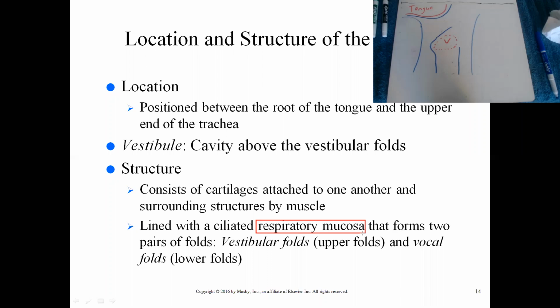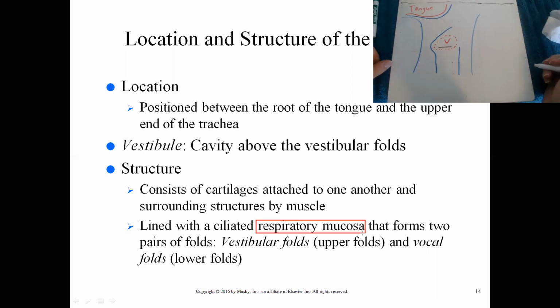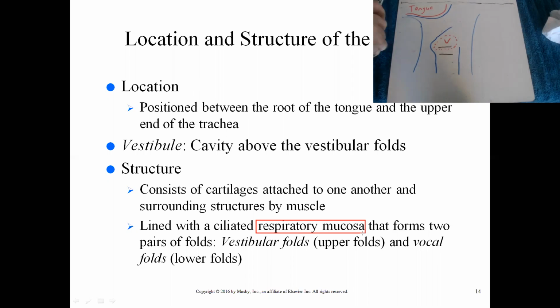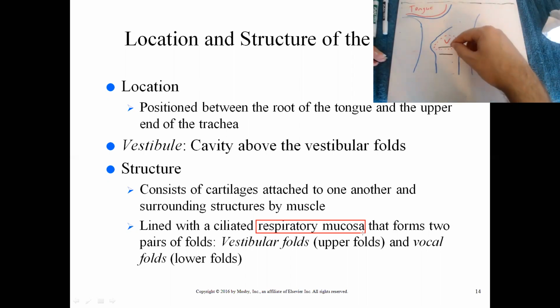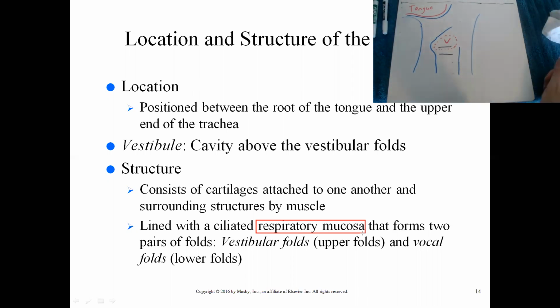I'll use black. So I'll put folds in black, one up here, just inside the vestibule, one just below it, two folds. I should say two pairs. There's a side view, but for each of these, the one on top, the one on bottom, there's one set on the right, one set on the left of these folds.